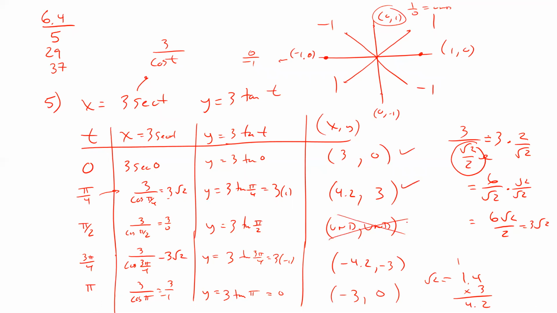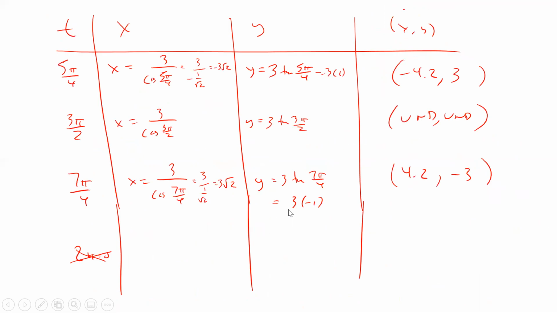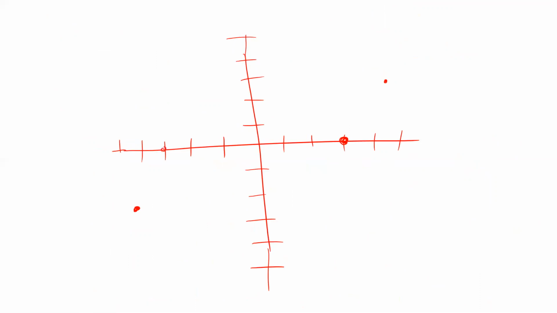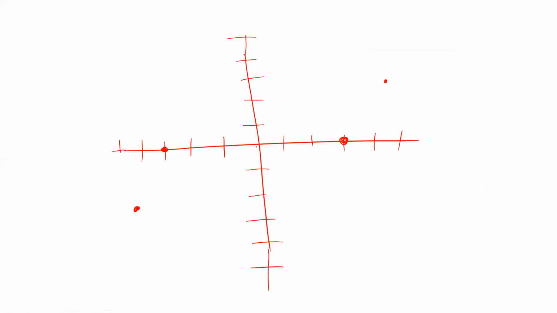Undefined, so we're not going to graph this one. No need to graph this one. Then we have -4.2, -3. 1, 2, 3, 4, 4.2. 1, 2, 3, somewhere down here. So we just skip the undefined ones. -3, 0. -4.2, +3.